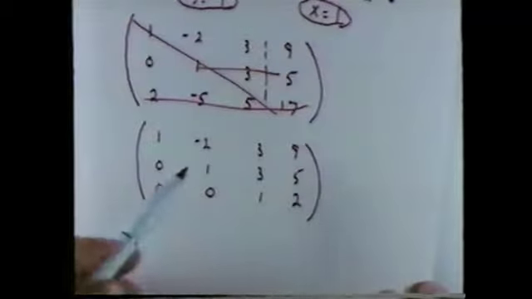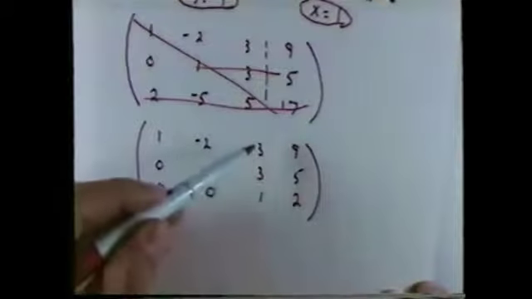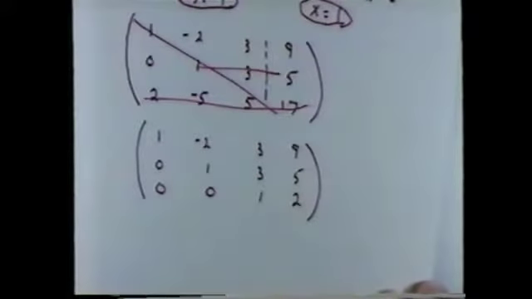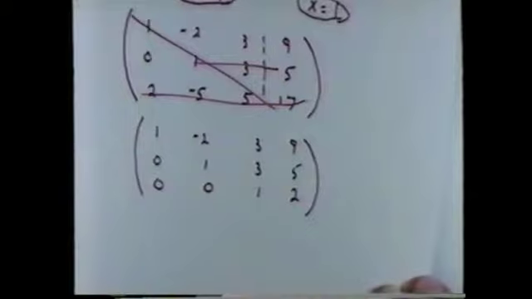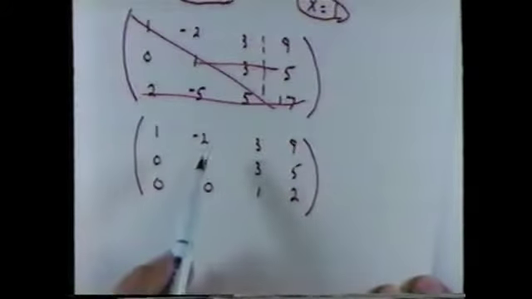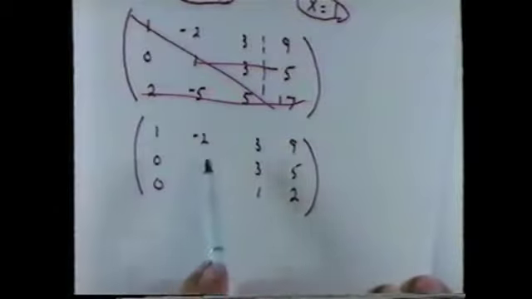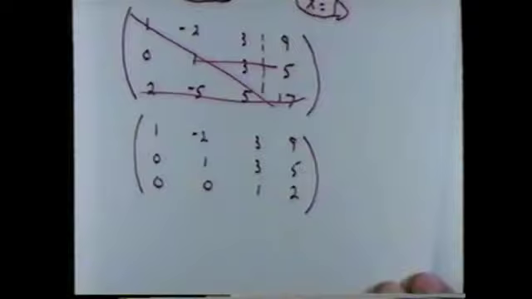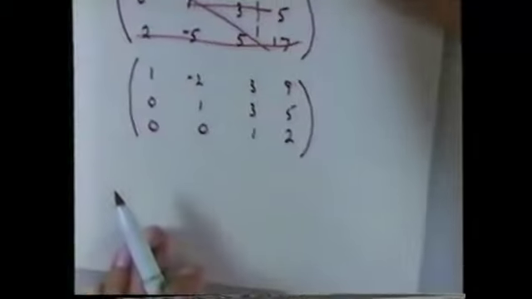If we continue and create zeros above the main diagonal as well, we have what's called reduced row echelon form. So if I continue with the reduction process and have zeros above the main diagonal, I get reduced row echelon form.